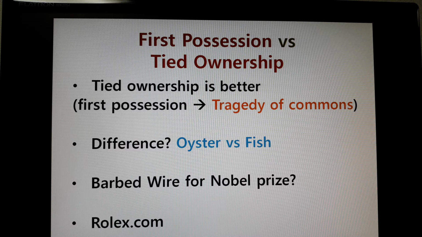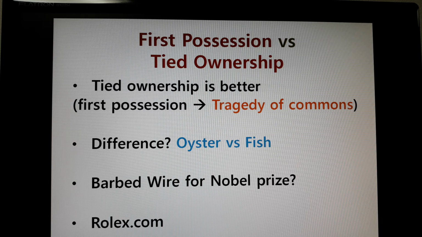Before that, even if I kept fewer cows than I wanted, next year my cow would get bigger, but other cows would get into my grassland and eat it. That is the tragedy of the commons. But because of the fence, they planned better, everybody produced better, so they made money and built factories. That is the Enclosure Movement. In the encyclopedia, the Enclosure Movement is when the farmers of Britain moved from first possession to titled ownership, made more money, and used that money for the Industrial Revolution and factories.